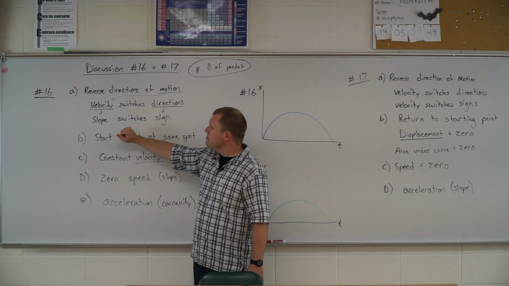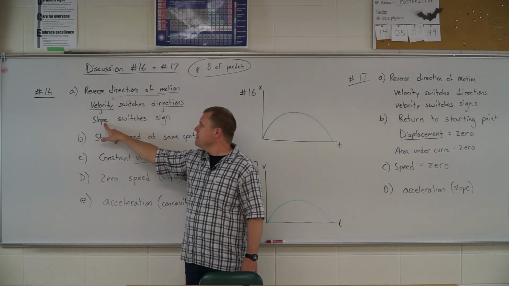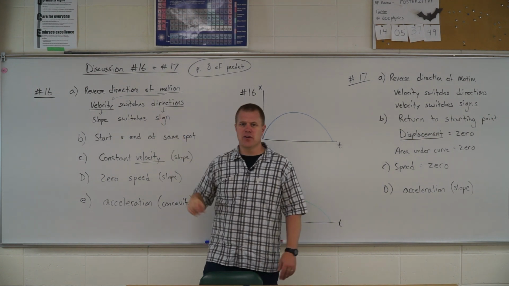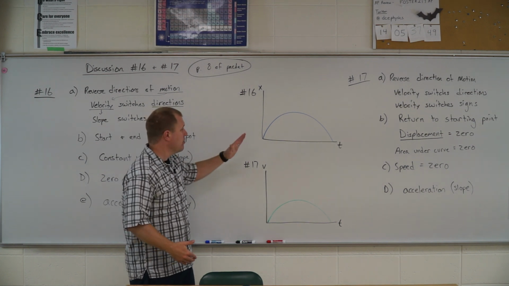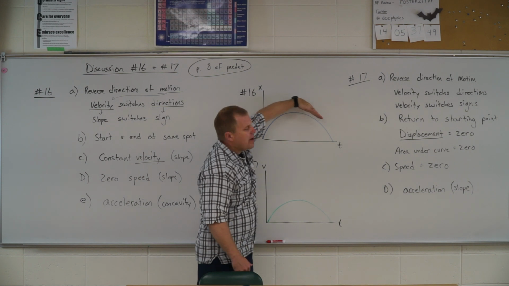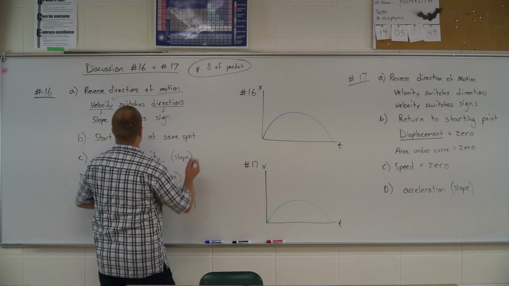If you look at the graph, velocity is the slope. So it's asking me, does the slope ever switch directions or sign? Does it ever switch from a positive slope to a negative slope? And yes, it does. For the first part here, it has a positive slope, 0, and then a negative slope. So yes, it does switch directions. So we'll put a yes next to that one.